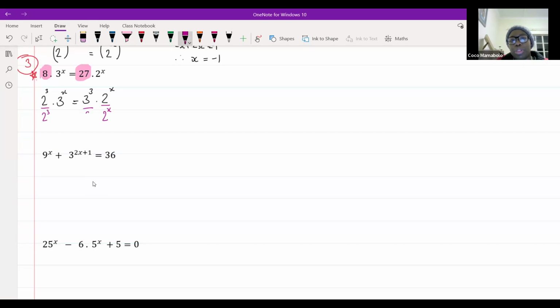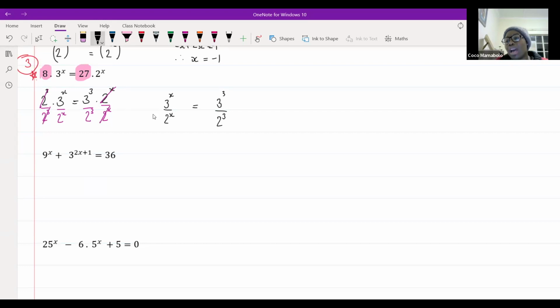Now, I must do both things on each side. I must also divide the side by 2 to the power of x. Those two will cancel, and those two will cancel. So what I end up with is 3 to the power of x over 2 to the power of x is equal to 3 to the power of 3 over 2 to the power of 3.